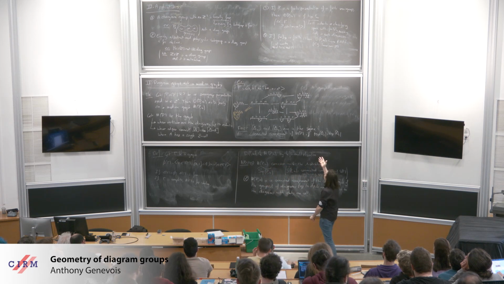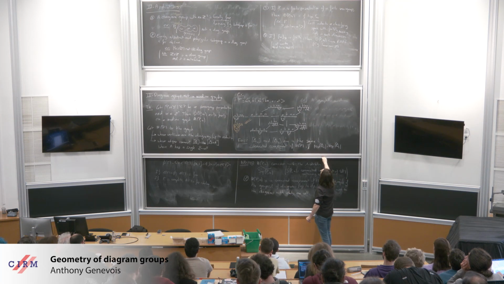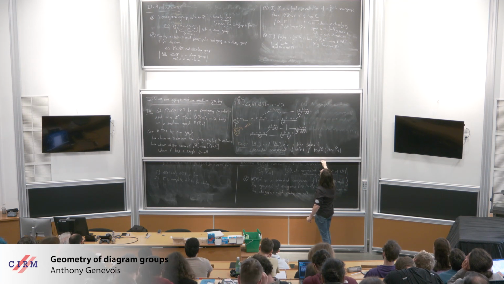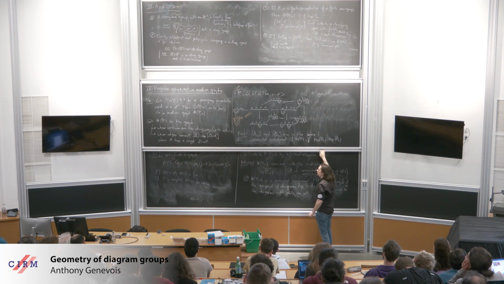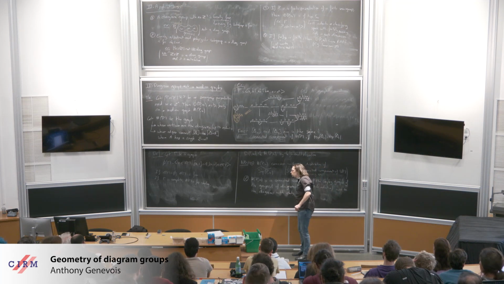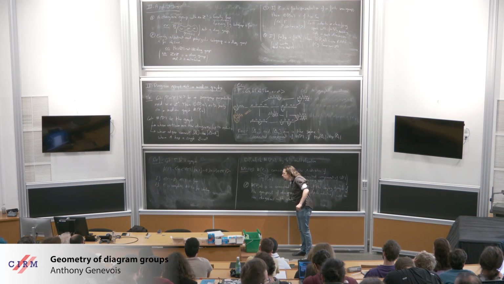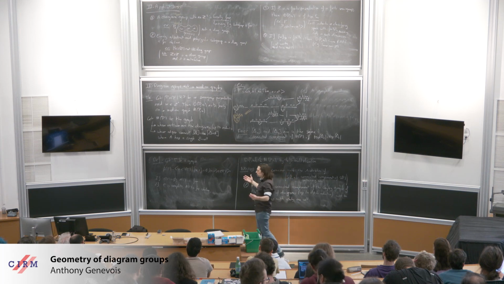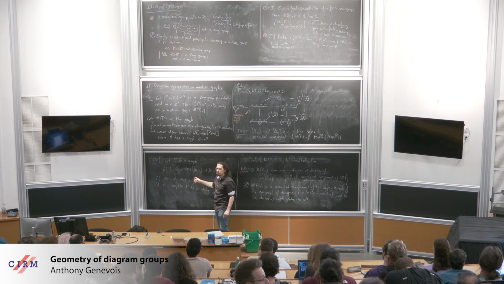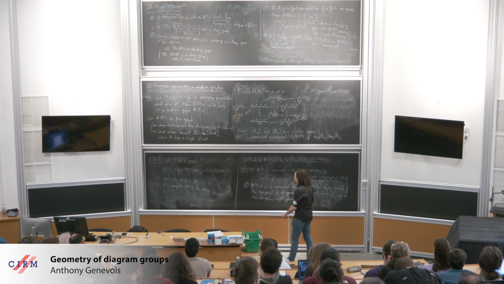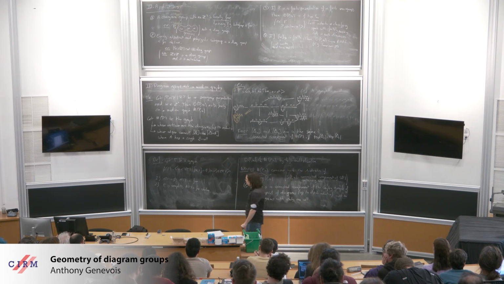In particular, being linear over Z. Okay, so being isomorphic to a subgroup of a matrix group with Z coefficients.